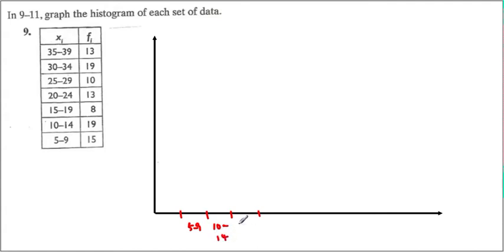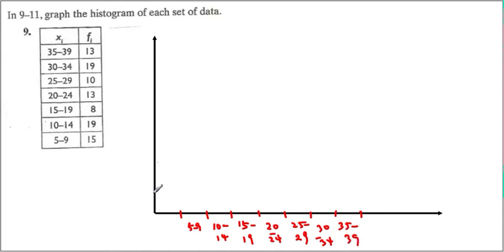This one will be 15 through 19. And this will be 20 through 24. This one is 25 through 29. 30 through 34, and 35 through 39.